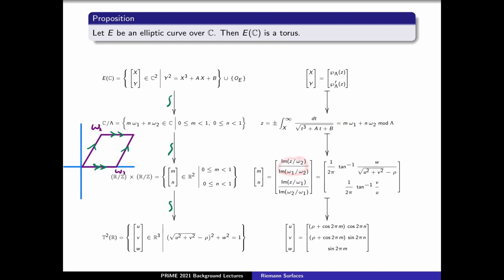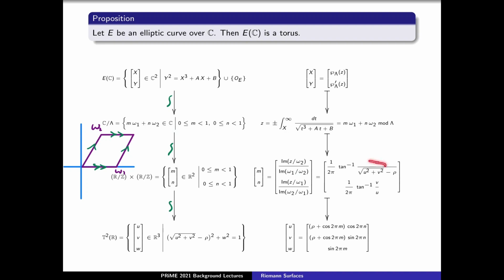And so upon realizing m and n in this way, we then do the following clever trick. We want to now write these two real numbers in terms of inverse tangent, but specifically with a 1 over 2 pi in front of the inverse tangent. And so we can realize this as 1 over 2 pi tangent inverse of w over the square root of u squared plus v squared minus rho, and then n can be realized as 1 over 2 pi tangent inverse of v over u.